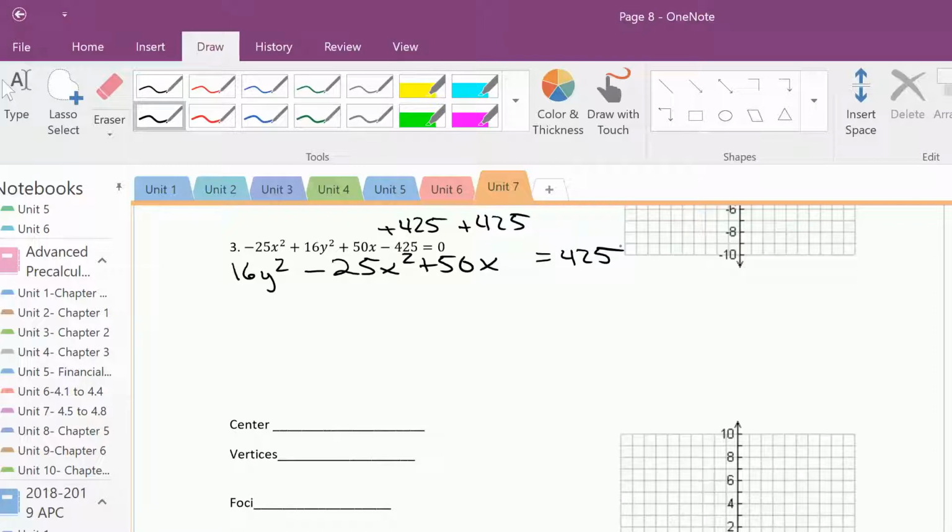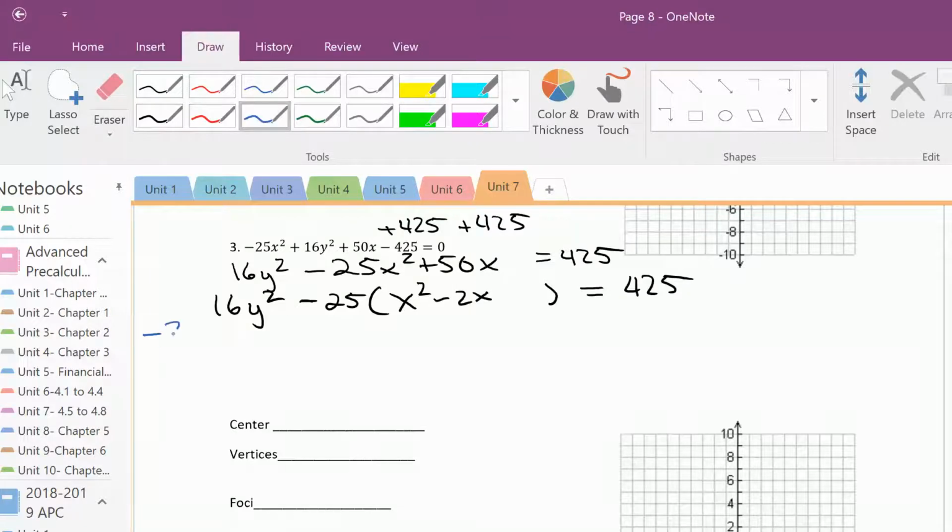With completing the square, now we're not going to divide by the terms, but we're going to factor out. The y squared is going to stay because there's no y term, but we'll take out a -25, so it becomes x squared minus 2x, and then we'll complete the square. -2 divided by 2 is -1, squared is 1, so we add 1 here, but really we're multiplying it by -25, so we subtract 25 here.